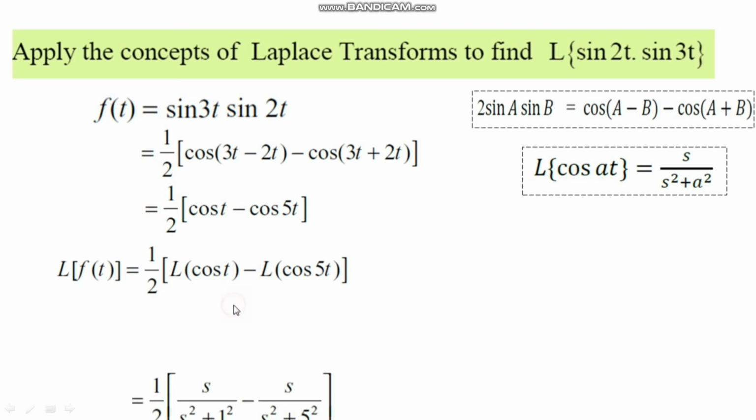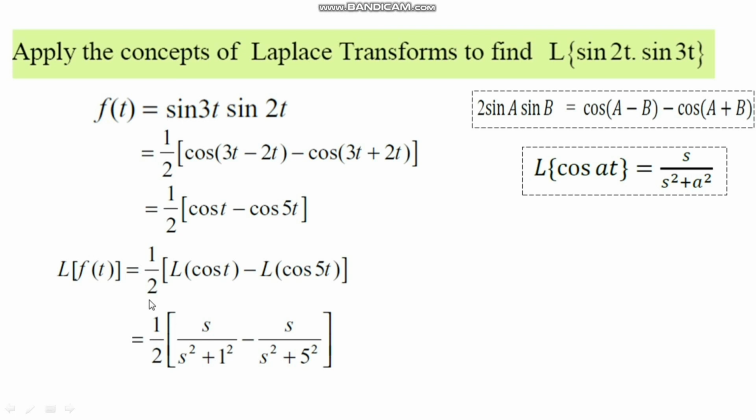Now it became 1 by 2 constant times the Laplace transform of cosine 1t, so a is replaced with 1 here: s by s square plus 1 square, minus the Laplace transform of cosine 5t, s by s square plus 5 square. So that is the result.